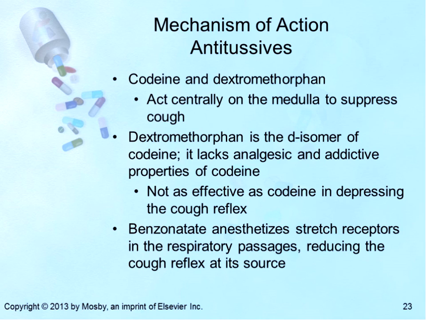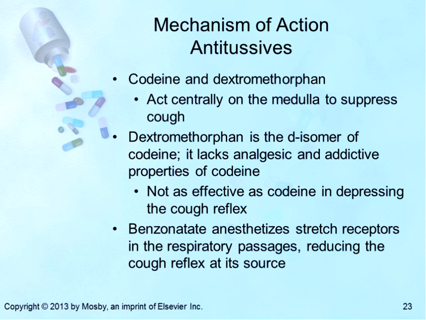For the antitussives, codeine and dextromethorphan both act centrally by acting on the cough center of the medulla to suppress coughs. Dextromethorphan is the D-isomer of codeine that lacks the analgesic and addictive properties of codeine.